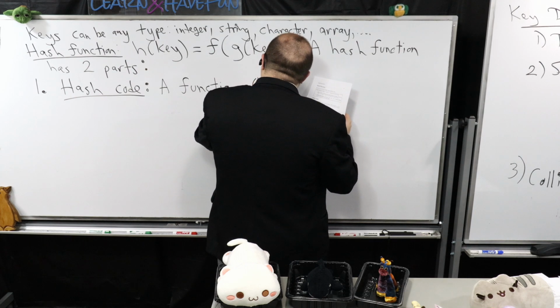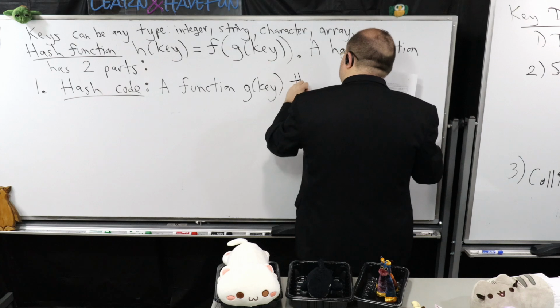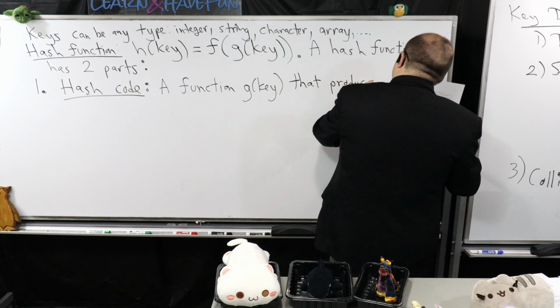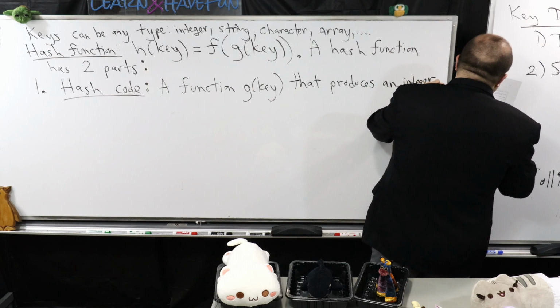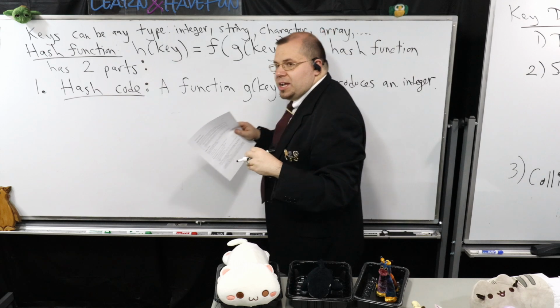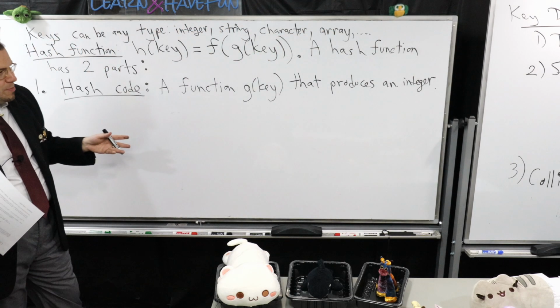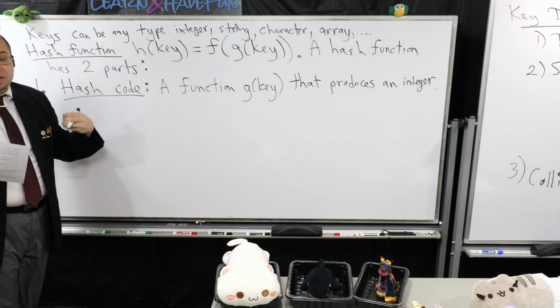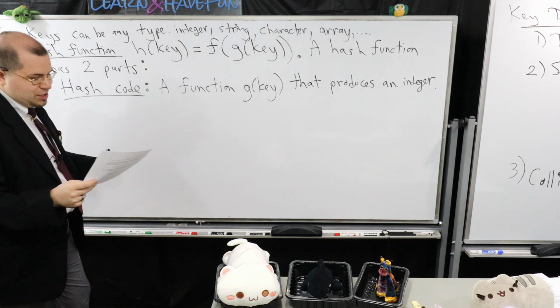G, given an input key, produces an integer. Because I would like to spread the records across the entire table, I would like this number that it spits out to be able to become large.